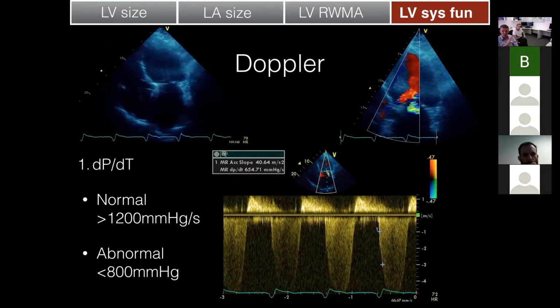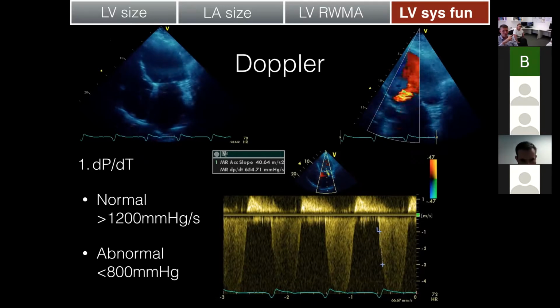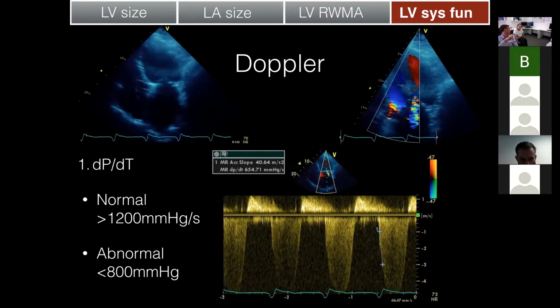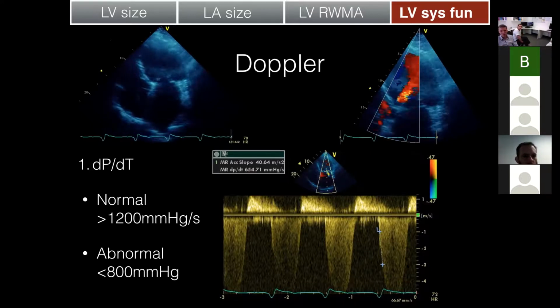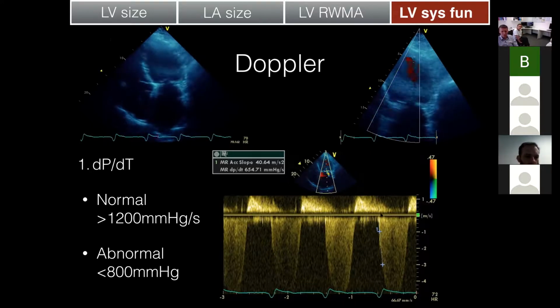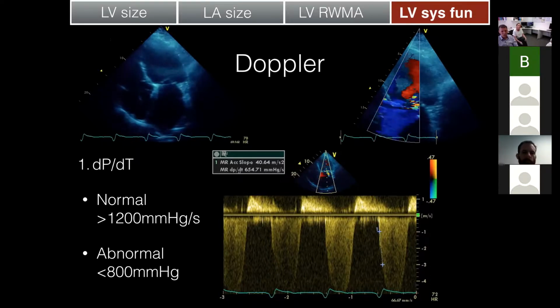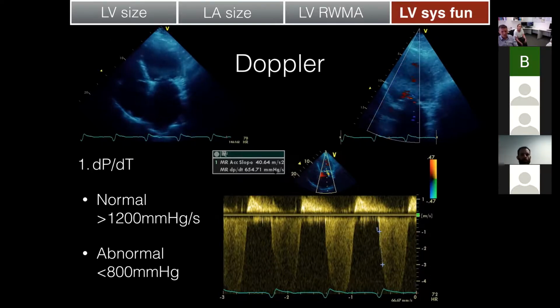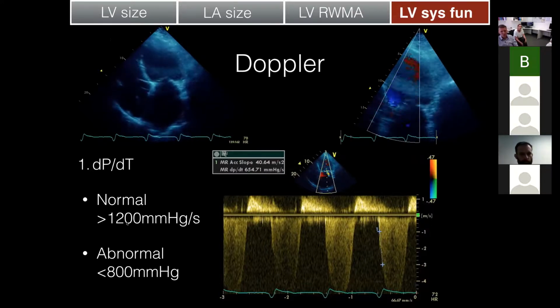And then if we're using the modified Bernoulli equation, that means a difference of 32 millimeters of mercury. So we do 32 millimeters of mercury difference divided by the time it takes to do that. So it's the change in pressure over the change in time, millimeters of mercury per second, and we get cutoffs of normal is greater than 1200, abnormal is less than 800.